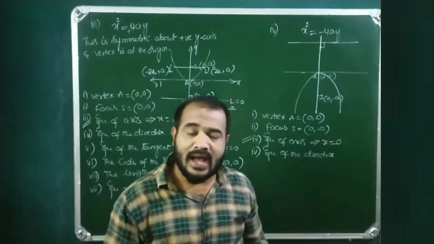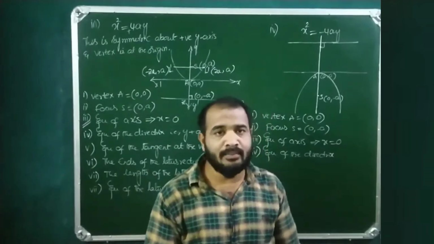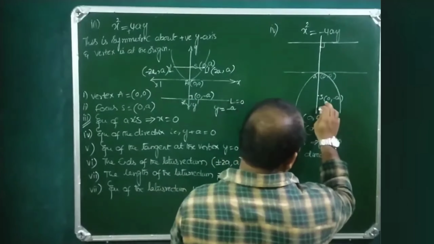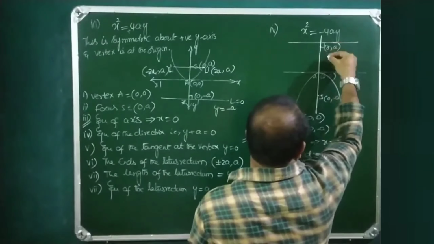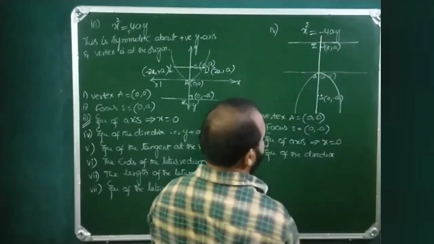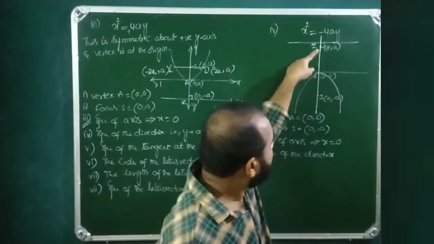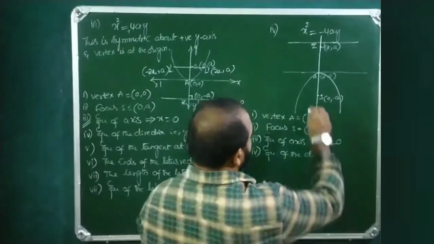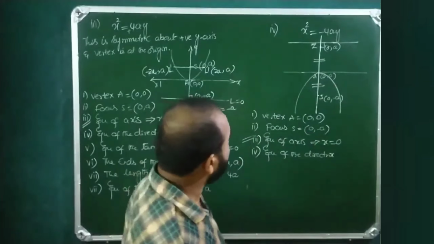The principal axis and the directrix are mutually perpendicular. So if the focus is 0 comma minus a, this is 0 comma plus a. This is Z, the foot of the directrix. So the vertex is the midpoint between Z, the foot of the directrix, and the focus. So what is the equation of the directrix?